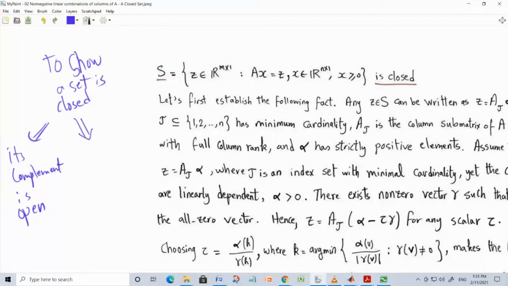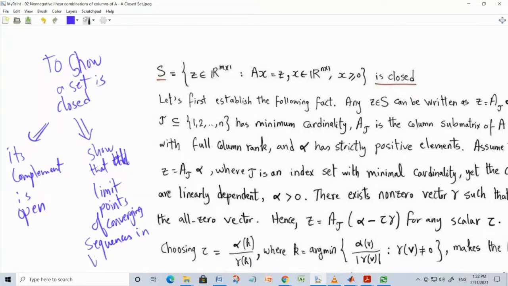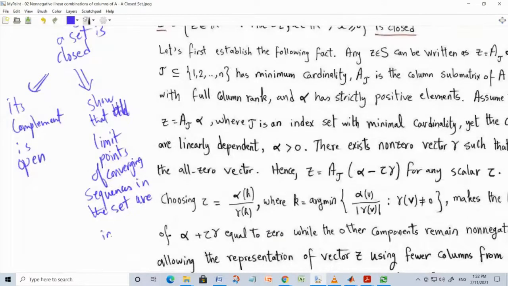The other way of proving it is to show that all limit points of converging sequences in the set are in the set. These are two general methods for proving that a set is closed, and we will go for the second one.